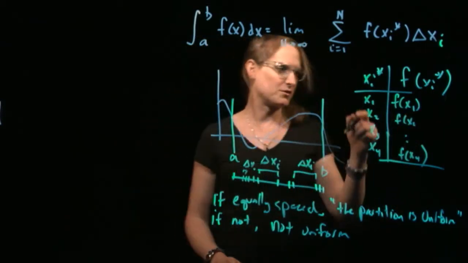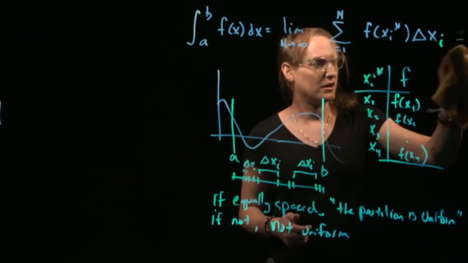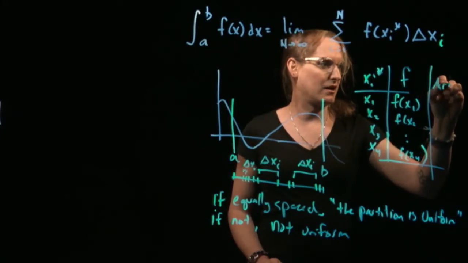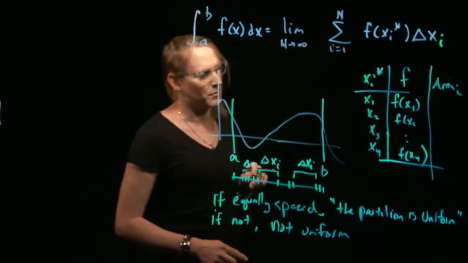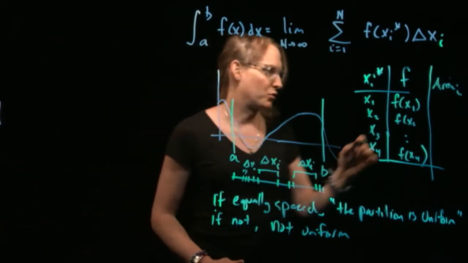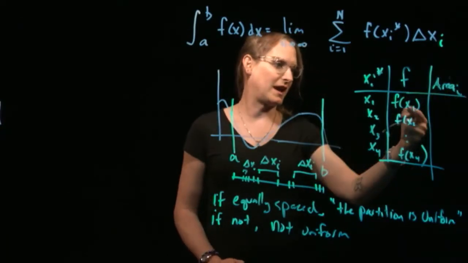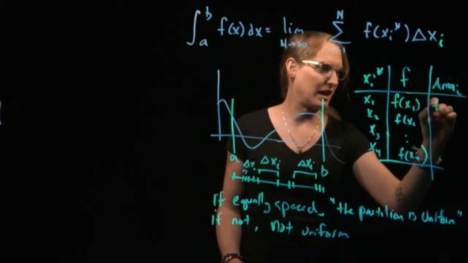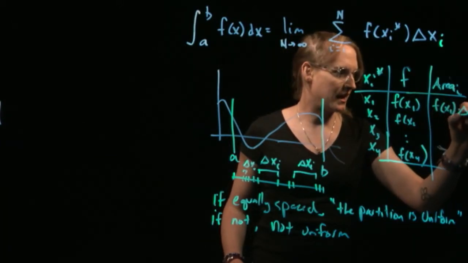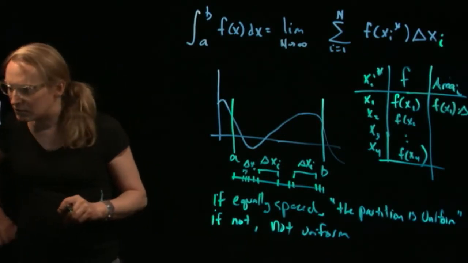So in this particular case, when I don't have a uniform mesh, I really need to add another column, which is my area of rectangle sub i. So I wrote that as area sub i. It's probably not the prettiest notation ever. I don't care. I'm going to get the area of this first rectangle by taking f of x sub 1 times delta x sub 1.